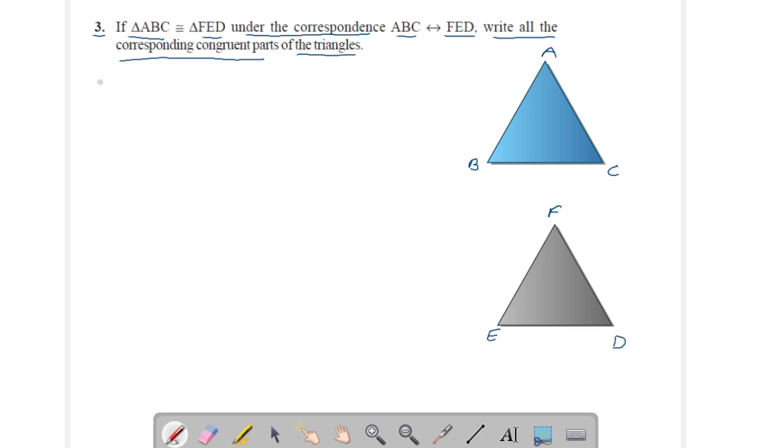See the solution. Here triangle ABC is congruent to triangle FED. This is given to you.